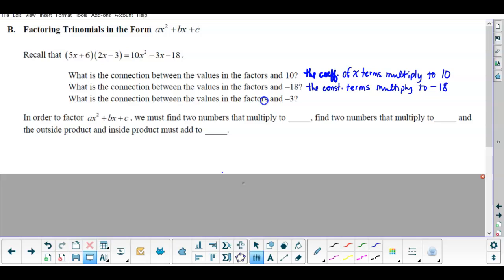Okay, so now this is where you multiply your outside, and your inside add to -3. Actually, I'll simplify that.